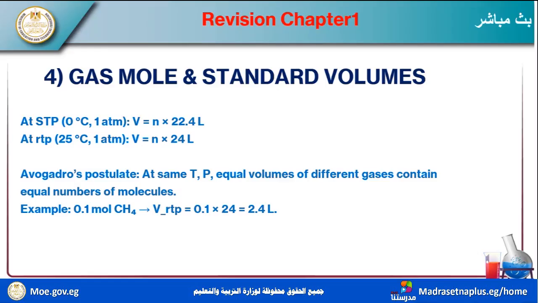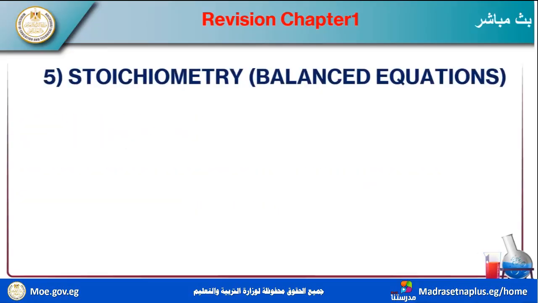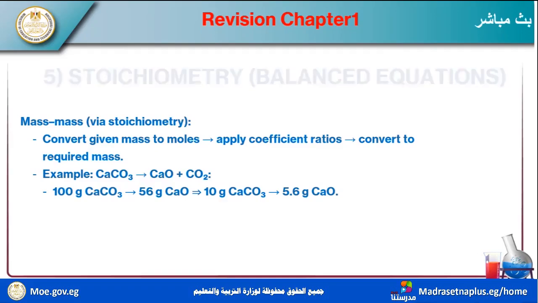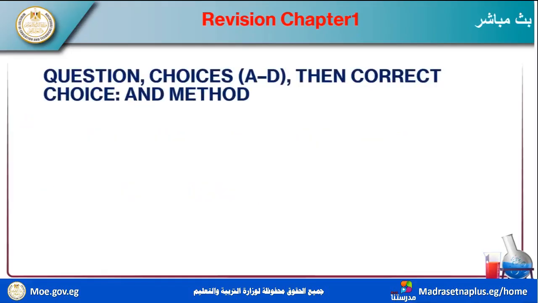Okay, these are balanced equations I taught before. You must know the ratio between the products and the reactants. This is the summary of everything I taught before, and now we apply it to questions.